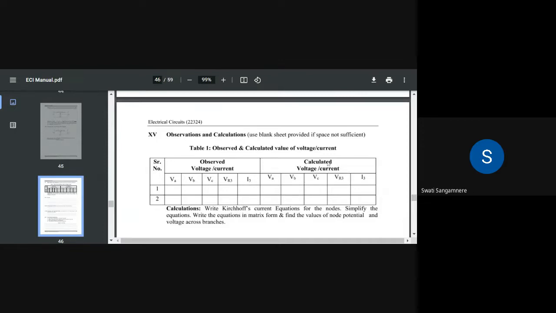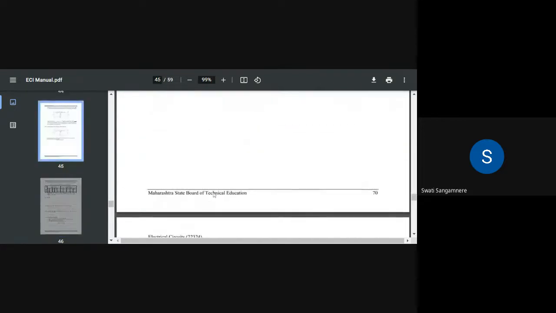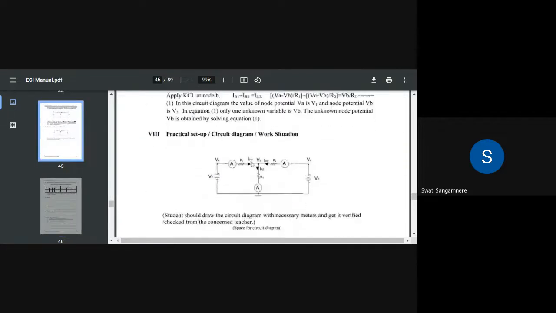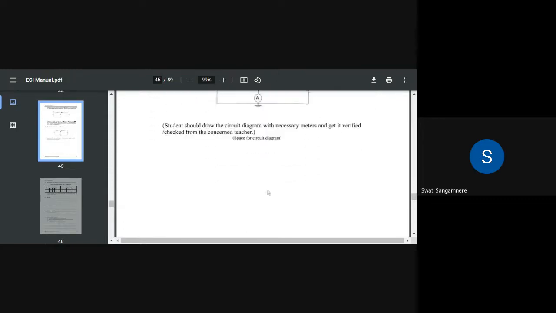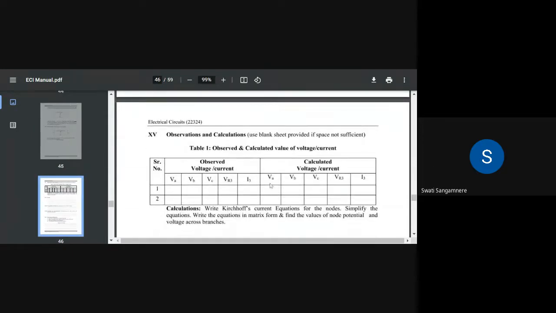Then this is the calculated part. By measuring the values of the three resistances R1, R2, R3 and the two voltage sources V1, V2, we can calculate the values of VA, VB, VC, VR3 and I3. So this is the theoretical part. Then we can see the actual practical setup.